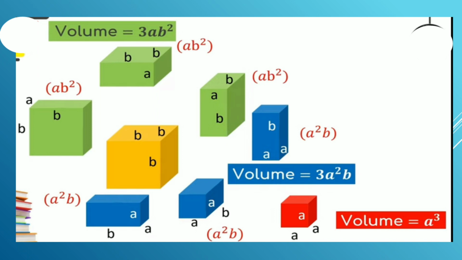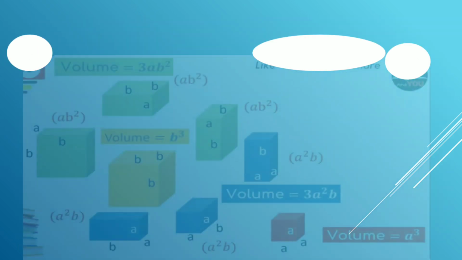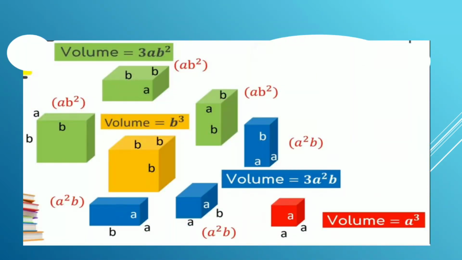We have taken out all these. Now we are going to add up all these green parts. By adding all these, the volume of this area is equal to 3a b square.